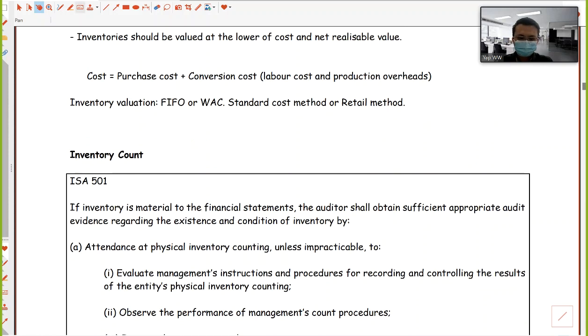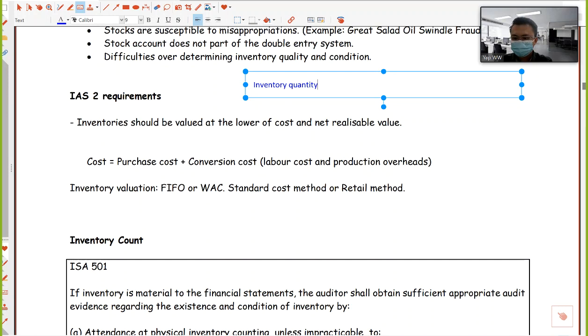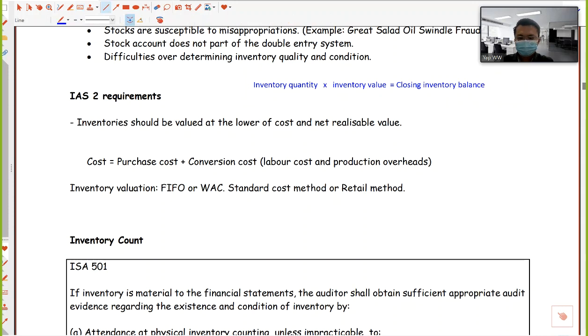One is inventory quantity, how many units we have, multiplied with inventory value to get the closing inventory balance. We do not have enough time to complete everything, but we can at least cover the first one, inventory quantity.